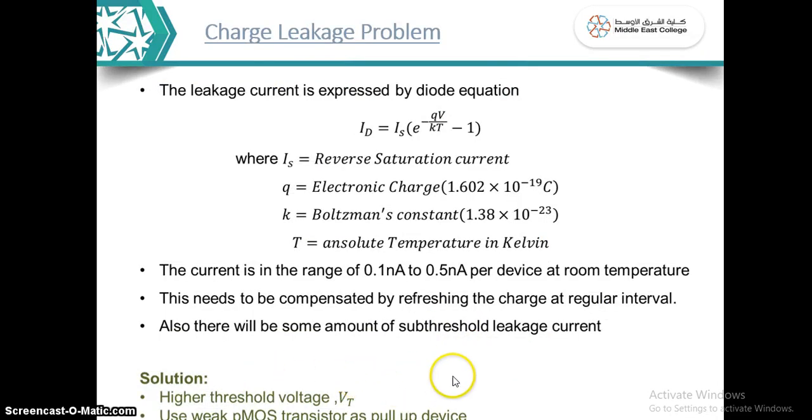That is a solution for reducing the subthreshold current. So overall, the charge leakage problem you can overcome by using a high threshold voltage VT and also using a weak PMOS transistor as a pull-up device. We will study the circuit in detail when we study the next disadvantage. So these are the two solutions for overcoming the charge leakage problem.